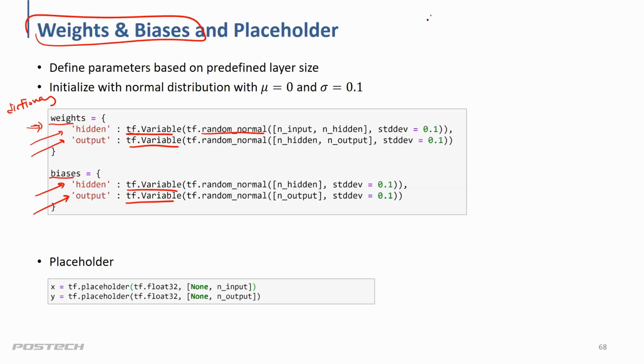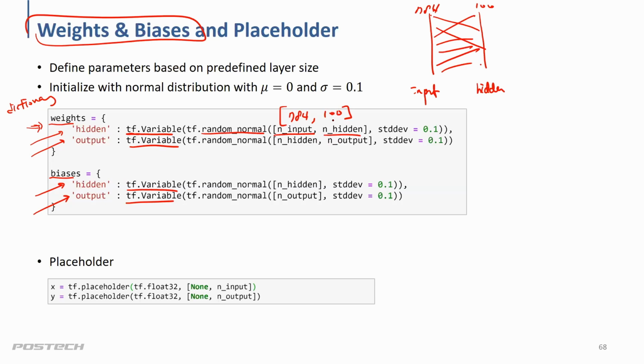So let me see, if you have hidden layers and the input layers, how many weights do you have? You have 784 and 100. So you have to think about all the combinations, right? That's why you have number of inputs and number of hidden units. So it's gonna be 784 by 100. For the outputs, there are other combinations, so it's like 100 by 10.